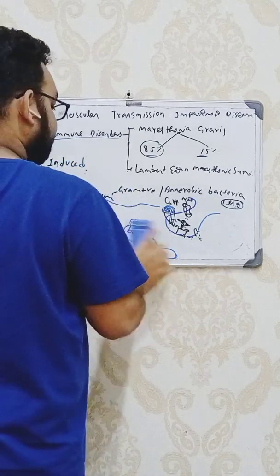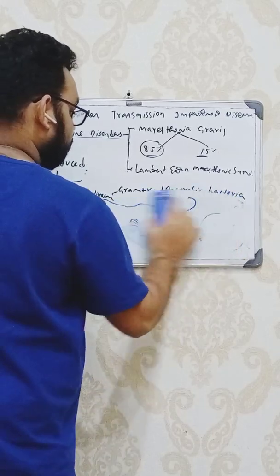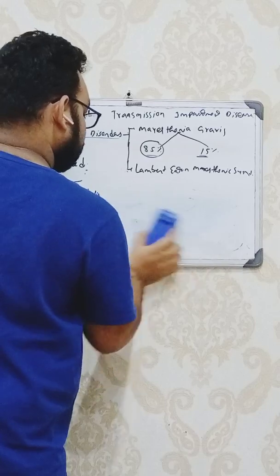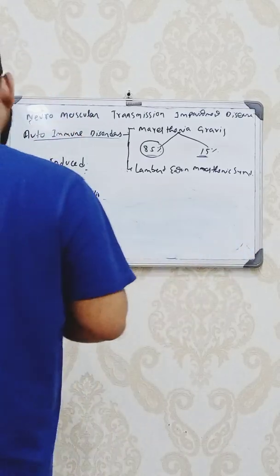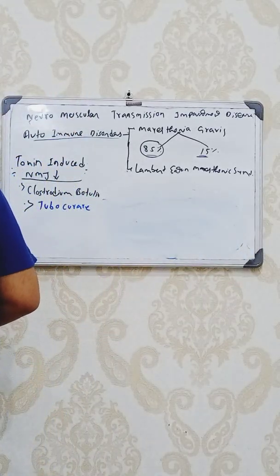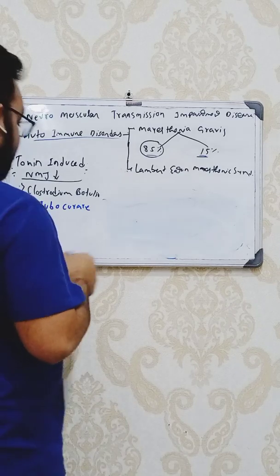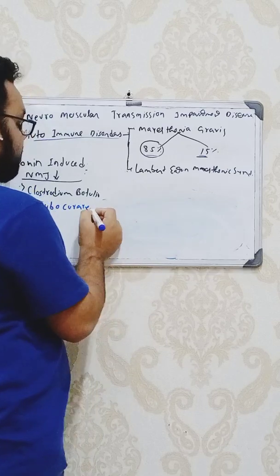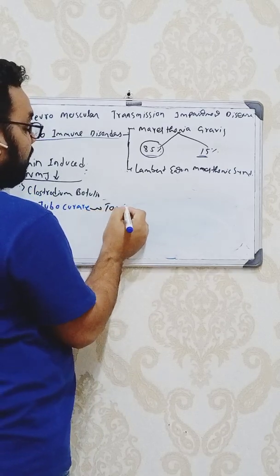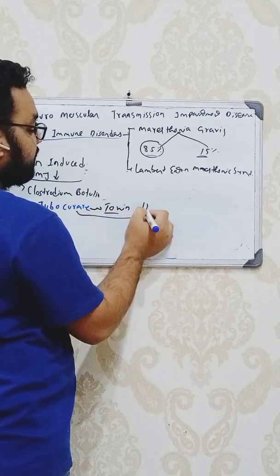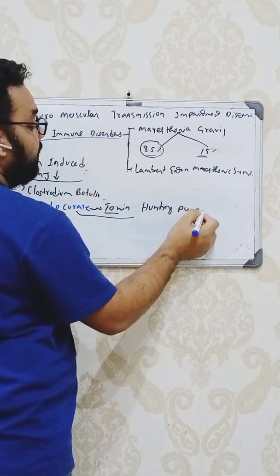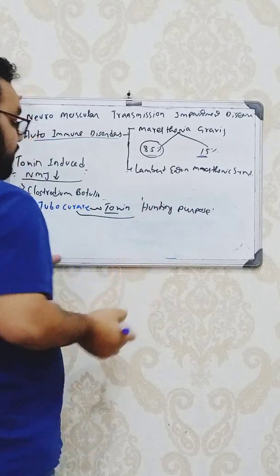Now, the second part, the tubocurarine, okay? In these cases, in ancient times we have seen that some types of toxin were used for hunting purposes.